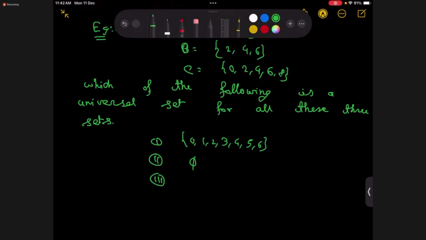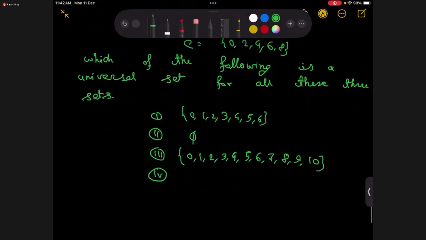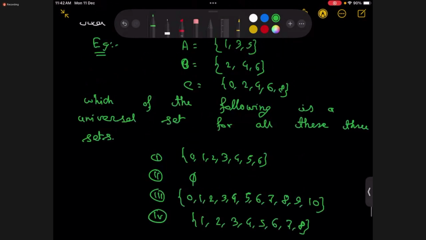The third one is 0, 1, 2, 3, 4, 5, 6, 7, 8, 9, 10, and the fourth one is 1, 2, 3, 4, 5, 6, 7, 8. Okay, so we need to find which one is the universal set of all these three sets.